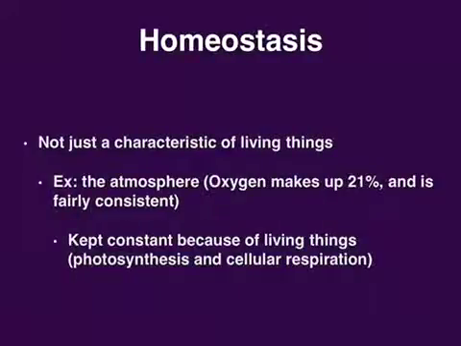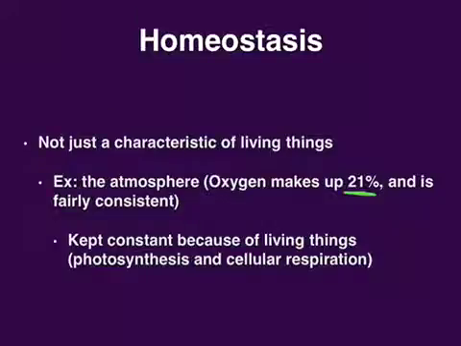Homeostasis is not just a characteristic of living things. Homeostasis is found in the natural world in general. For example, the atmosphere maintains homeostasis in that oxygen makes up 21%, and it doesn't really matter where you are on the earth, oxygen is going to make up that 21%.